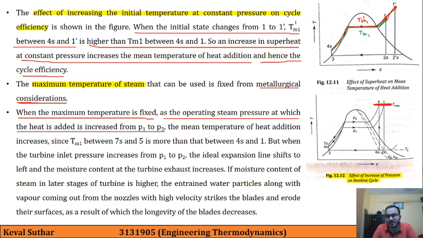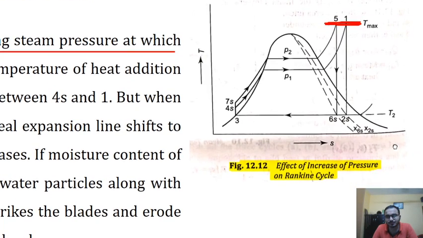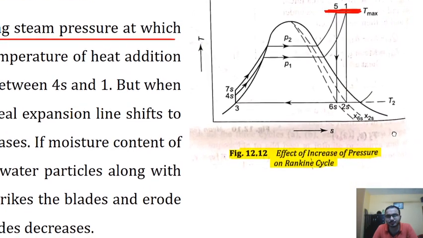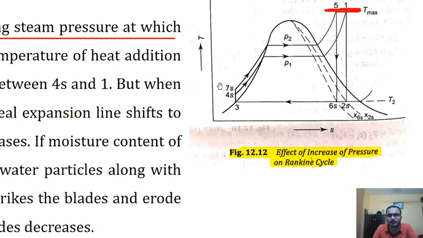You can see here that we have taken two different cases. Previously it was P1 pressure and now it is P2 pressure. In case of the previous P1 pressure, the maximum temperature point is T1 and in P2 it is T5. However, both are equal, that is T maximum.